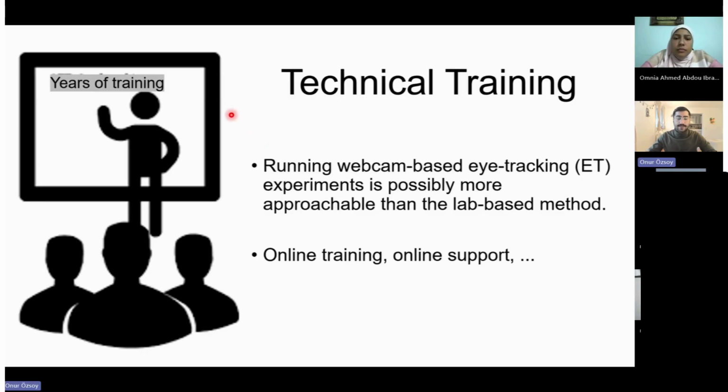And this training is not always accessible, also because you generally need a person that already can do it to teach you. So running webcam-based eye tracking might be more approachable or easier than lab-based methods, also because there's a lot of online training and online support available. So those are the reasons why.